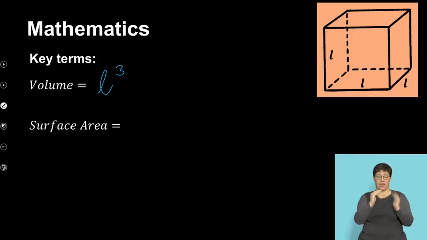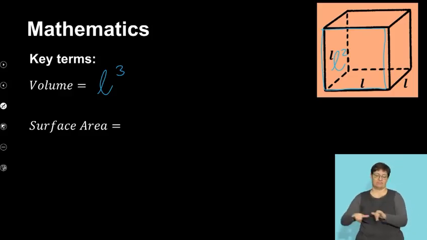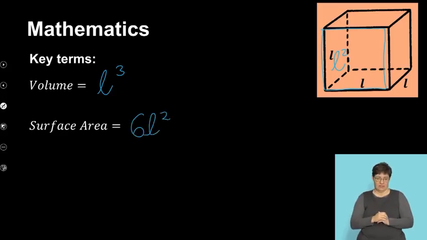Because a cube is made up of squares, we're going to take the area of 6 identical squares, and the area of each square is L squared because we know that the lengths are all equal. So because there are 6 squares with an area of L squared being added together, the surface area is 6L squared. Great, everyone. I hope that you're with me so far.